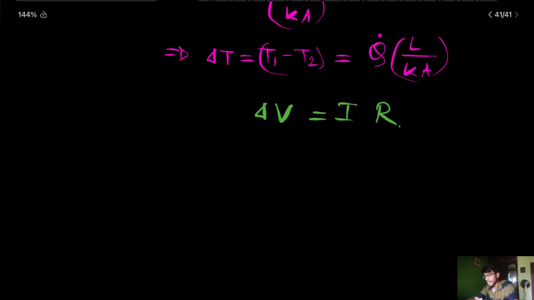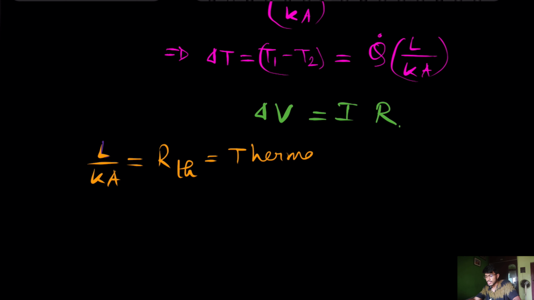That means this L by KA is equal to R_TH, and it is called thermal resistance. Now the expression of this thermal resistance changes with the choice of coordinate system.